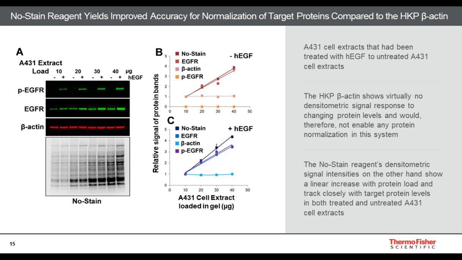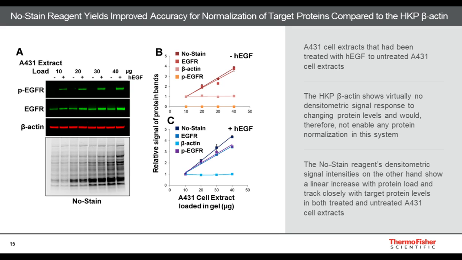The no-stain densitometric signal intensities, on the other hand, show a linear increase with protein load and track closely with target protein levels in both treated and untreated A431 cell extract. The nonlinear behavior of the HKP signal intensity, or signal saturation, further confirms with these A431 extracts that accurate protein normalization cannot be achieved with housekeeping protein beta-actin under the tested conditions.